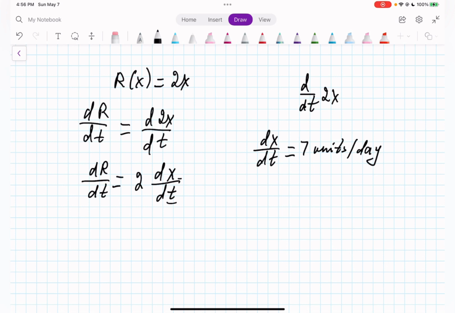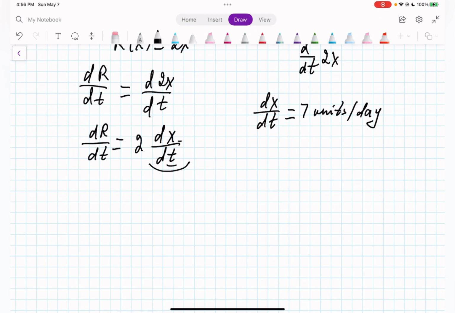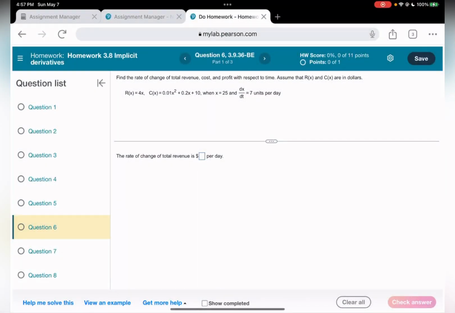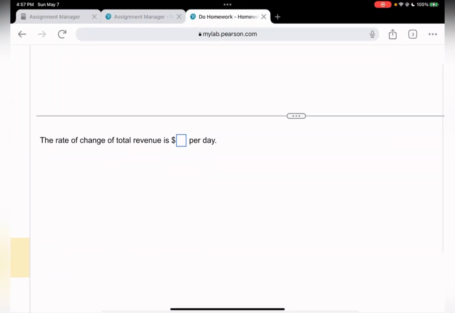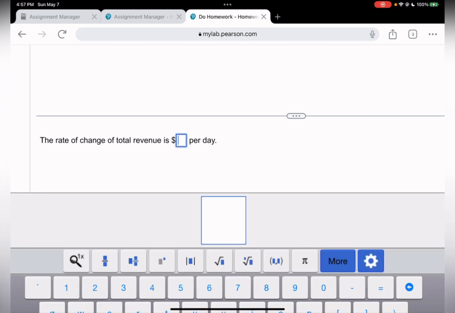So once I plug it here instead of dx by dt, we get the rate of change of total revenue, dr over dt is equal to the coefficient times 7, and we are getting 14. Yes, $14 per day.